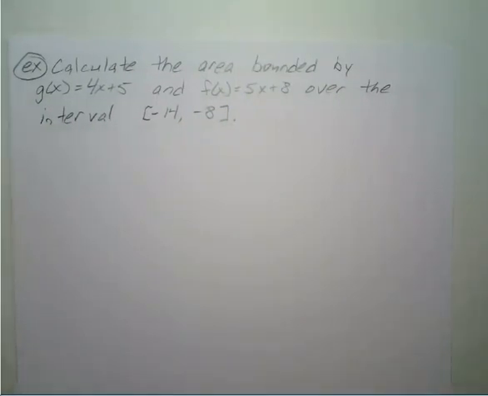All right, so what if you wanted to calculate the area bounded by g of x equals 4x plus 5 and f of x equals 5x plus 8 over the interval -14 to -8?